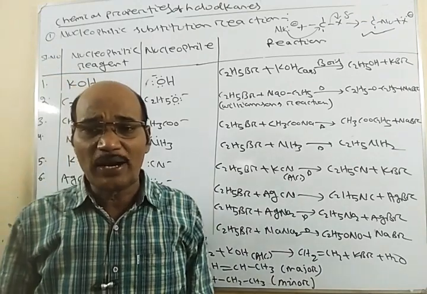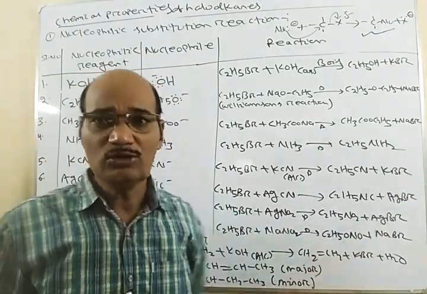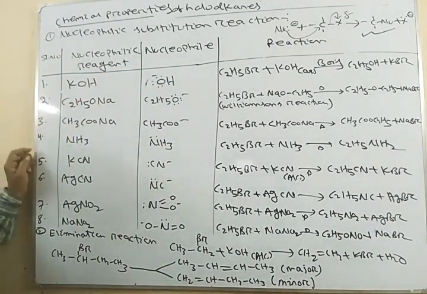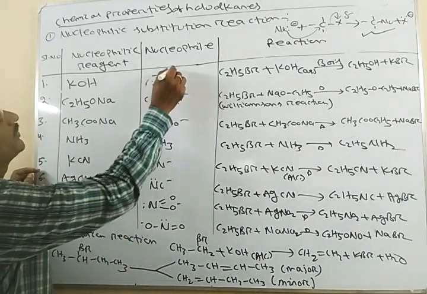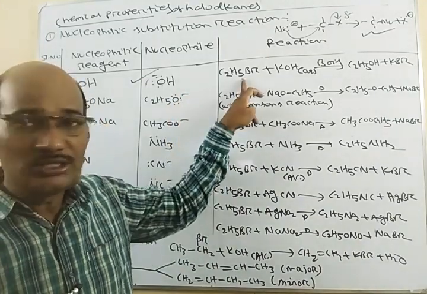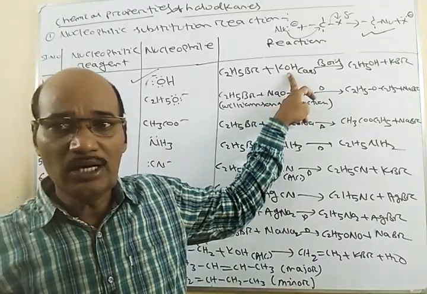Now different nucleophiles can attack these haloalkanes to give different products. Let's see here. Suppose I take KOH as the nucleophilic reagent, and here OH minus is the nucleophile. If I take C2H5Br, ethyl bromide, with aqueous KOH and boil, what happens?